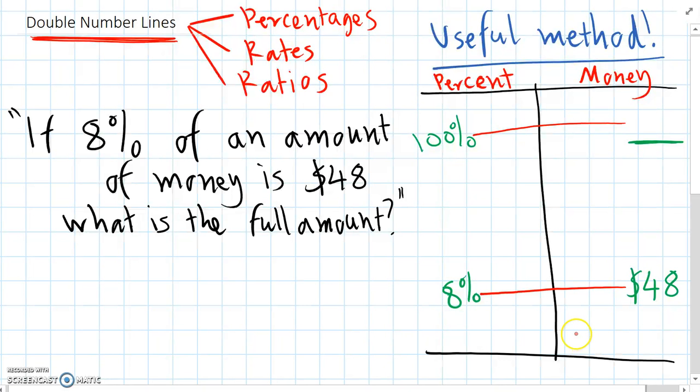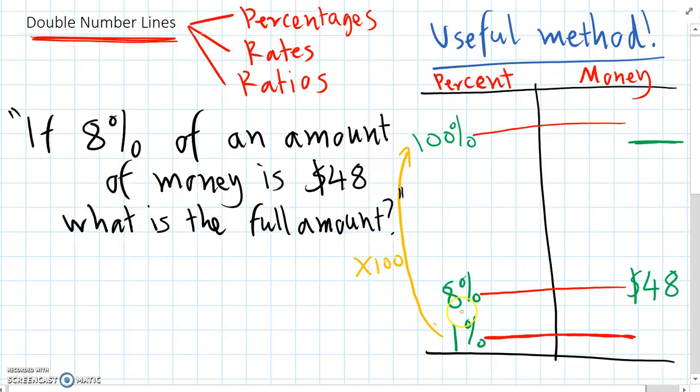And the way the double number line works is we always want to get to finding 1% of something. Because once we can find 1%, we can multiply by 100 to get up to 100%.